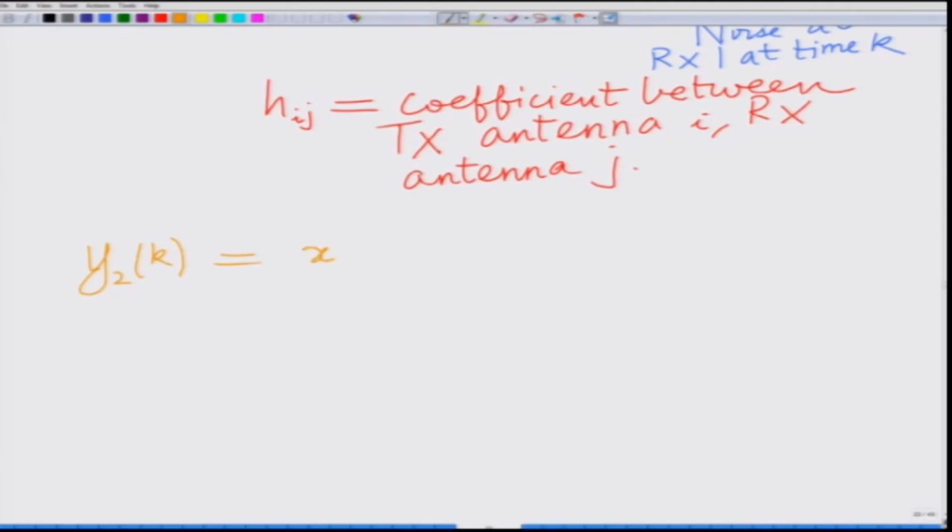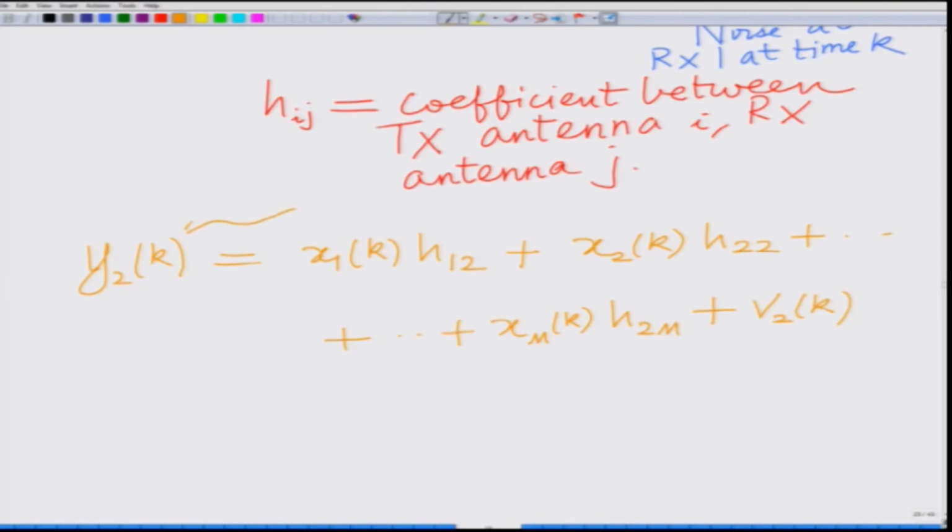So y2k I can express as x1k h12 plus x2k h22 plus so on plus xMk h2M plus v2k.